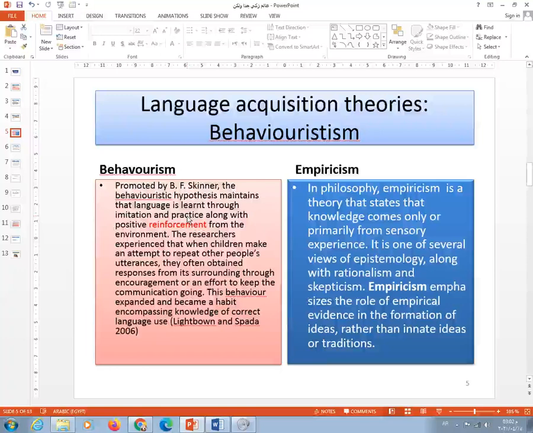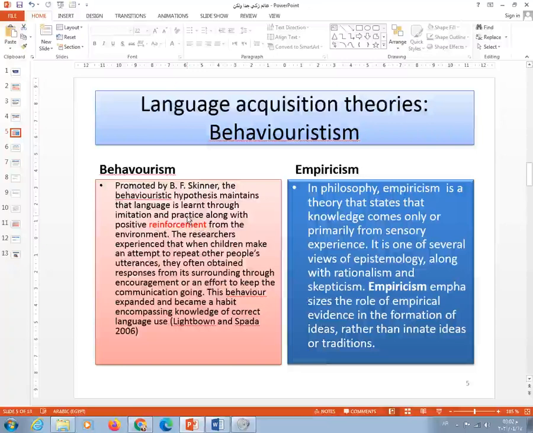The behavioristic approach is predicated on the idea that language is learned through imitation and practice, along with positive reinforcement or encouragement from the environment. So, according to this theory, children learn their mother tongue through imitation of sounds and imitation of the language that surrounds them.